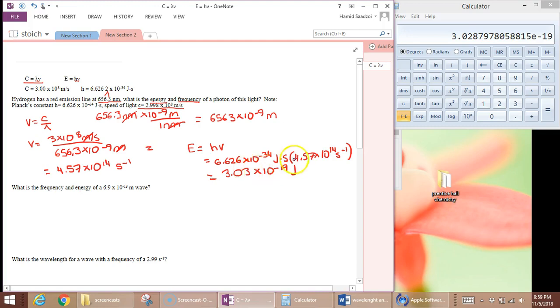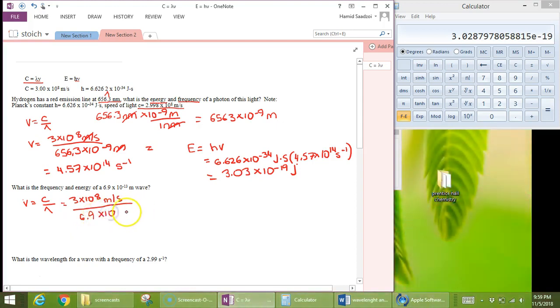Same concept, now we have a much smaller wavelength down here. So we're going to take the same approach. Remember, this is actually already in meters, so it makes our life a little bit easier. So v is equal to c over lambda. So 3 times 10 to the 8 meters per second divided by 6.9 times 10 to the negative 13 meters. So let's go over here.